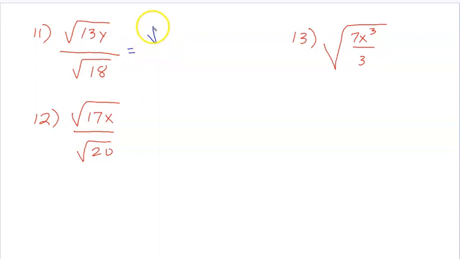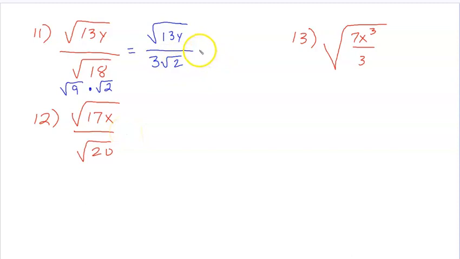For the time being, I'm just going to leave the square root of 13y. And remember what we talked about earlier in the beginning of this lesson. The square root of 18 could be written as the factors square root of 9 times the square root of 2. And this simplifies into 3, and then of course this does not. So 3 root 2 is just the simplified form of the square root of 18.